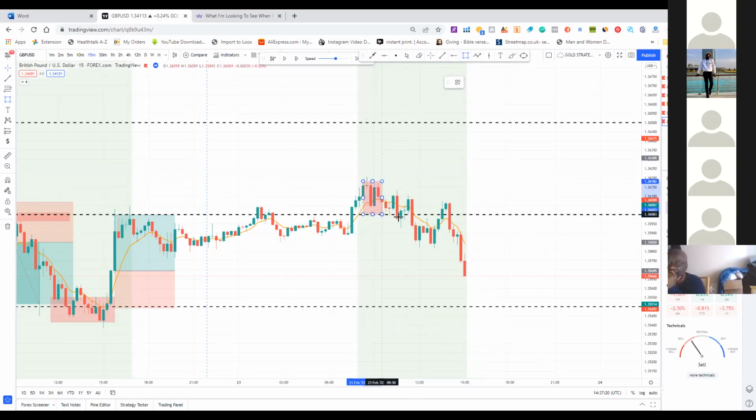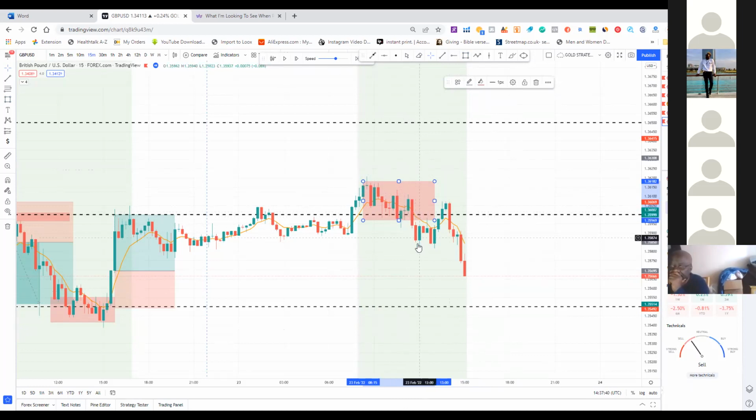Price refused to go up and then consolidated. I saw that as a consolidation, but guess what? Price began to do that in between because the decision to go up or go down had to be made.